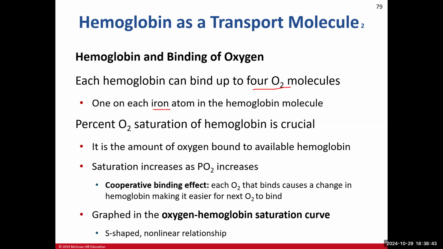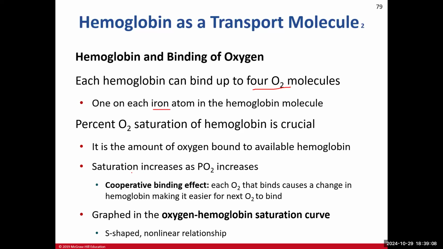Good. How much oxygen is attached onto this hemoglobin molecule, we call that saturation. How much is bound is going to affect its ability to bind more oxygen or release oxygen. And I'll explain what that means.